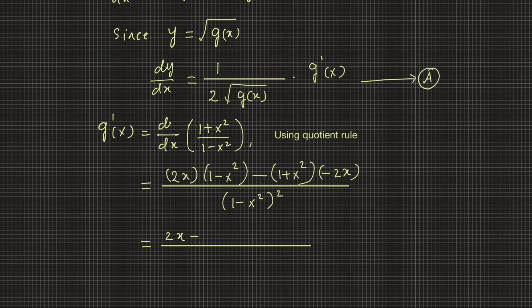Multiplying the terms in the numerator, we obtain 2x times 1, 2x, minus 2x times x squared, 2x cubed, plus 2x plus 2x cubed, divided by 1 minus x squared whole squared. This gives us, cancelling out negative 2x cubed and positive 2x cubed, 4x divided by 1 minus x squared whole squared.